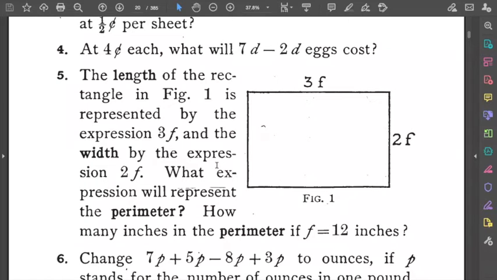Now 5 is quite interesting. The length of a rectangle in figure 1 here is represented by the expression 3F and the width by the expression 2F. Good. What expression will represent the perimeter? And second, how many inches in the perimeter if F is equal to 12 inches?